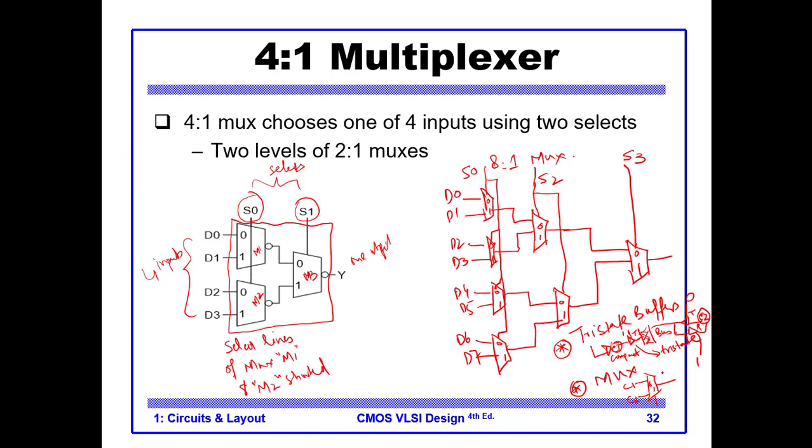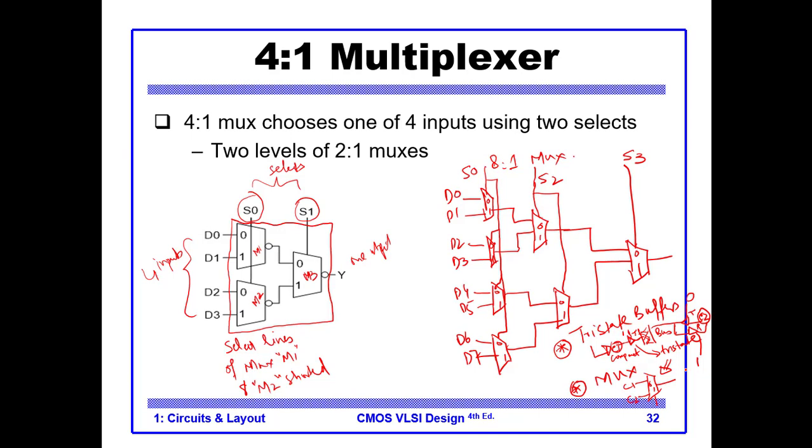So instead of a tri-state buffer, you can do it like this. In more recent times, mux are used instead of tri-state buffers, because tri-state buffers have certain disadvantages. They are more susceptible to noise and all these things. So currently most applications use mux.